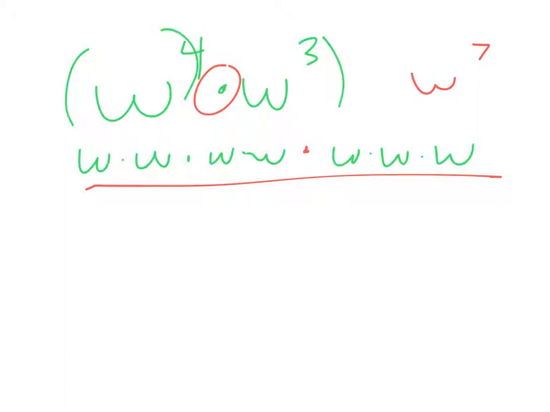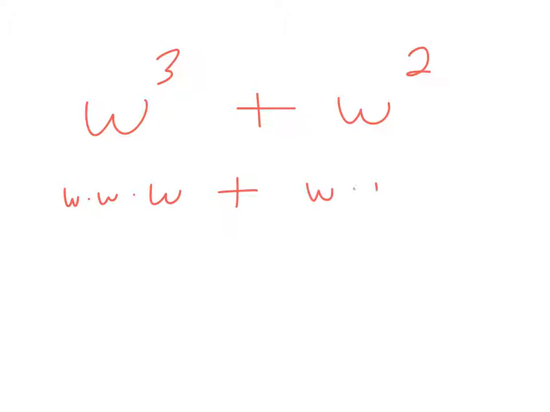Now that doesn't work when we're adding exponents, because it's an addition problem. If I had w to the third plus w to the second, now that's w times w times w plus w times w. So I can't just call this w to the fifth, because that's not the case here.